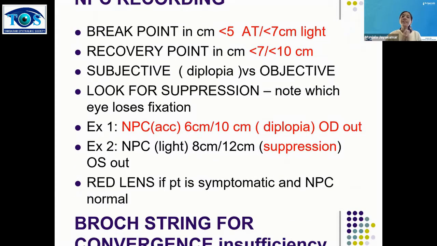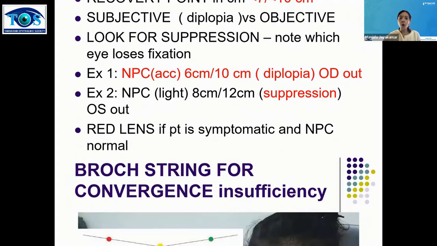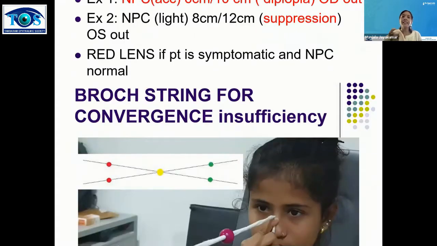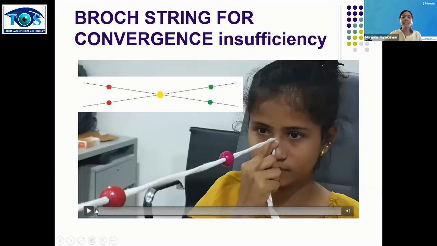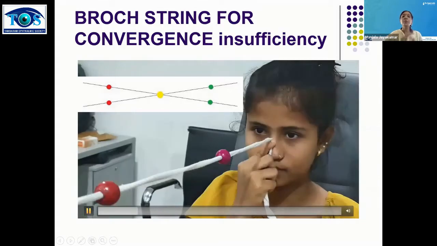Okay, so this is Brock string. So what is Brock string used for? Brock string is an exercise which is used for diagnosing your convergence insufficiency, as well as for exercising your convergence insufficiency. So you have 3 beads basically, and you ask the child to focus on the first bead. When this first bead is focused, the other 2 double.